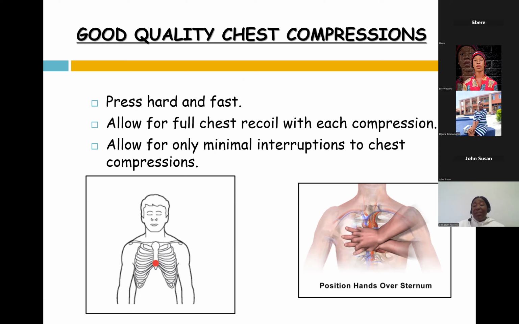And you need to give this heart some room to also welcome another set of blood. So if you allow for this complete recoil of the chest, that means you're giving the heart the room to fill up again with blood, so that when you compress again, the blood can go out to different parts of the body to supply the body.